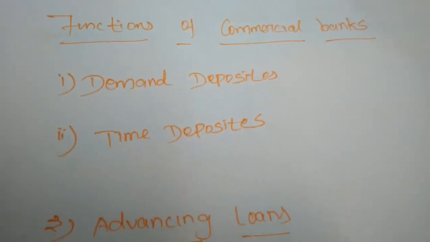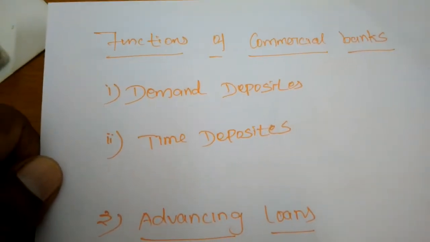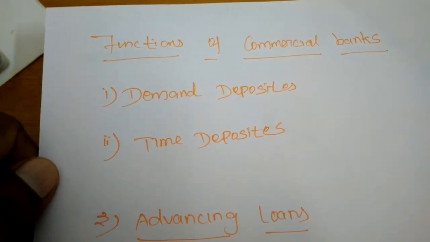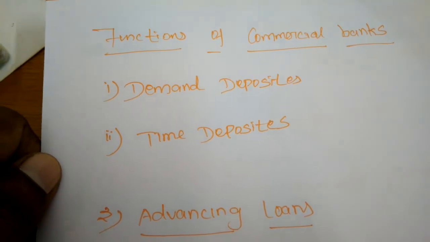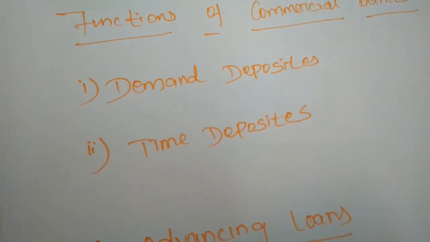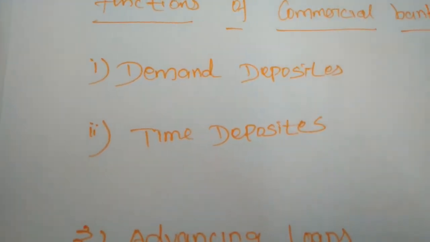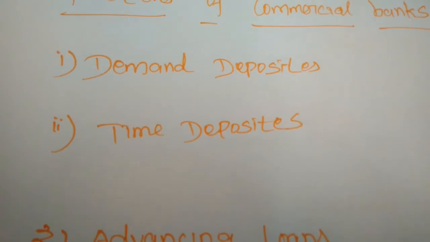Normally we can't withdraw the money from the bank like a demand deposit. If you want to withdraw the money, we have to give some prior notice to the bank. But by keeping this time deposit, the bank will provide the higher interest.